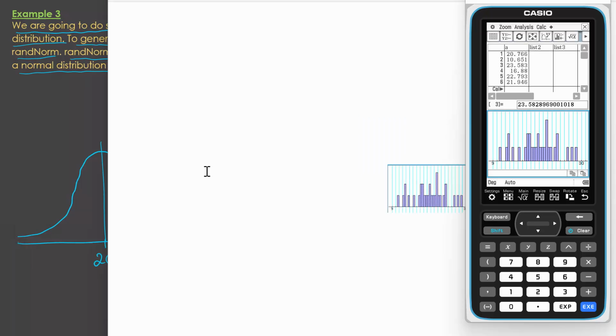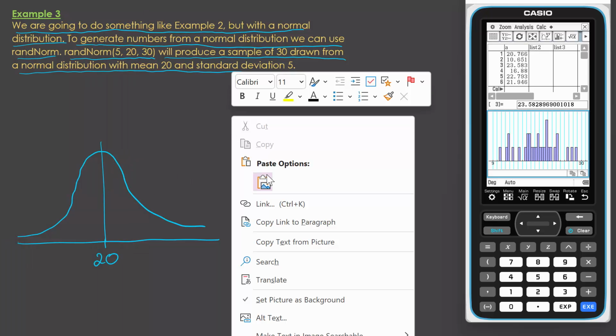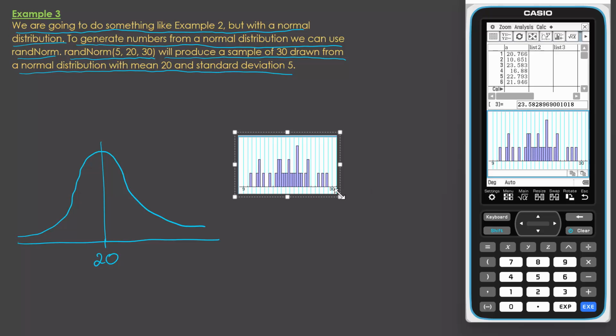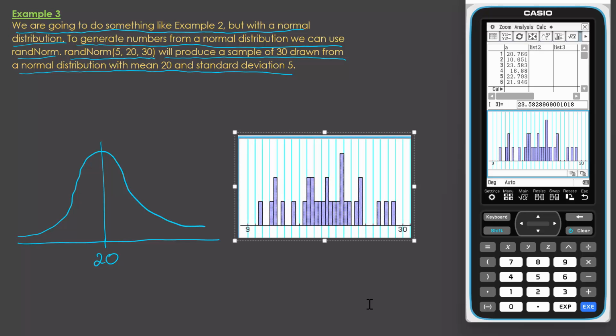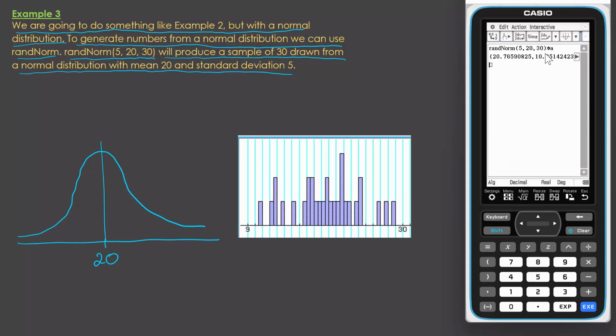So let's just paste that one in here and just make it a bit bigger so we can compare it nice and easily. And let's go and do another sample and see what that looks like. So if I just go here and execute, it should give me a new list of numbers.